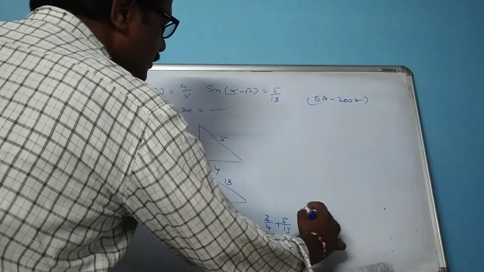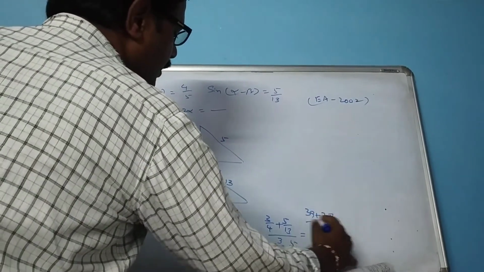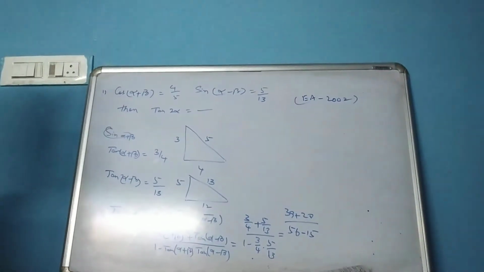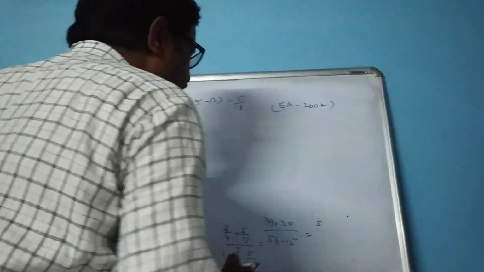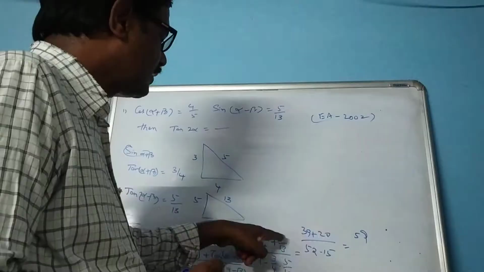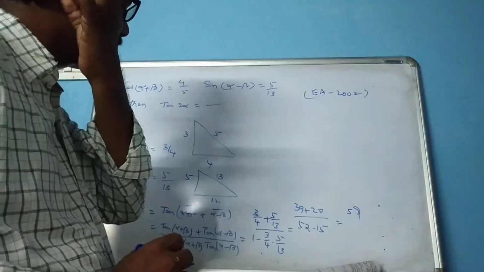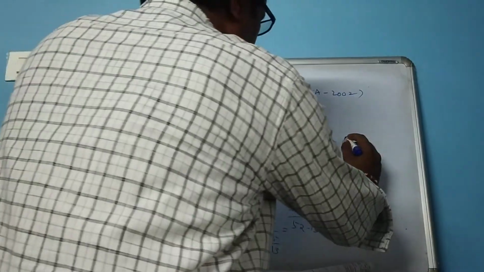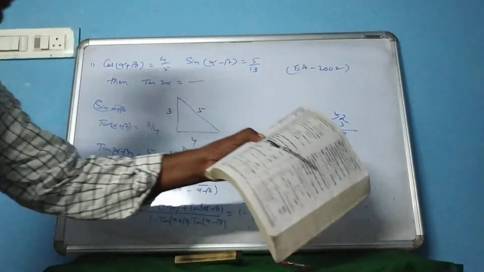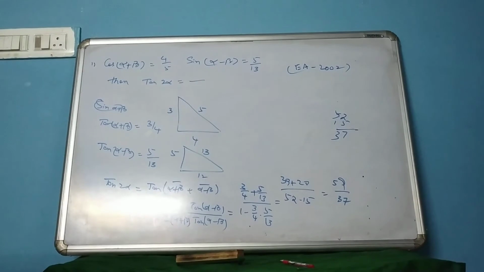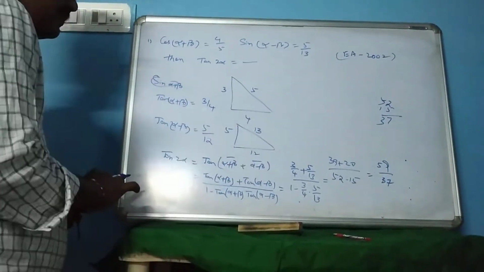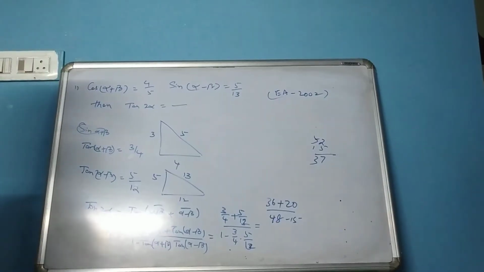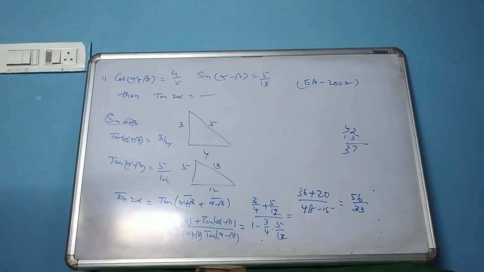This is 36 plus 20, 48 minus 15. You see, this is 56 by 33.